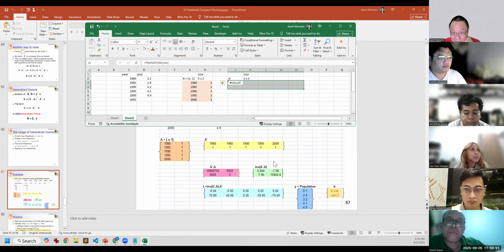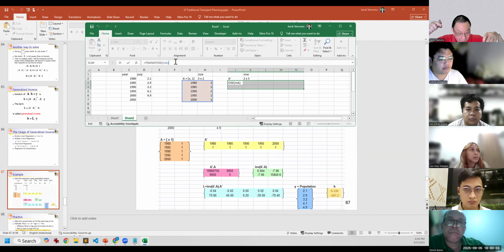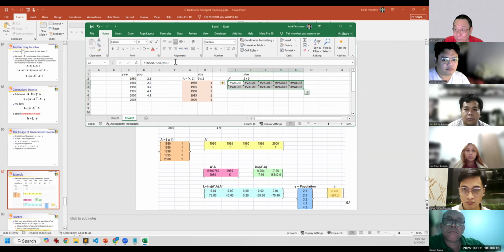Is this clear or not? Then you click here in the formula bar. Then you press Shift, Control, Enter together. Oh, oops. What happened?